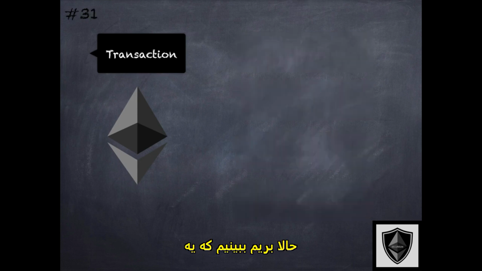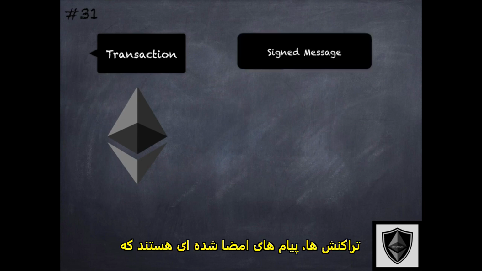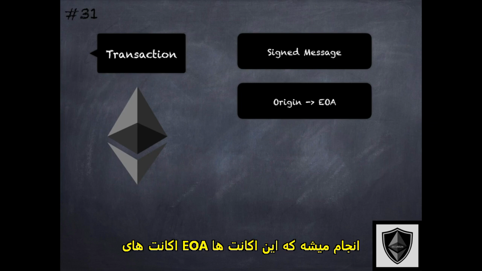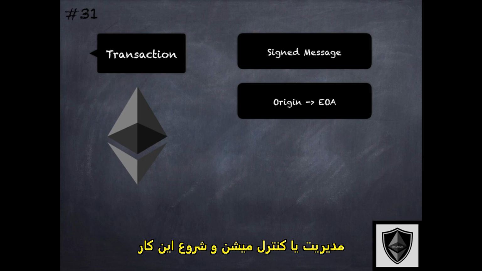Now let's take a look at what a transaction is. Transactions are signed messages that originate outside the Ethereum blockchain. They are triggered by externally owned accounts that are controlled by a private key, and the trigger happens to be the digital signature derived from the private key.